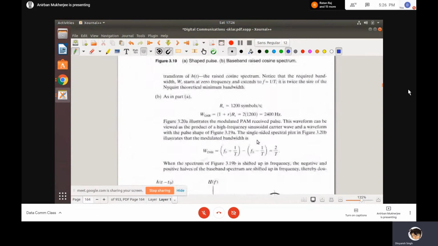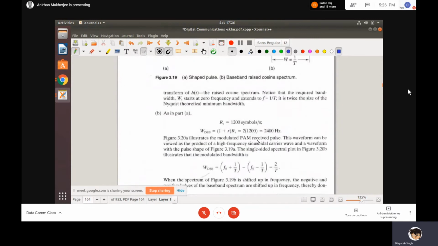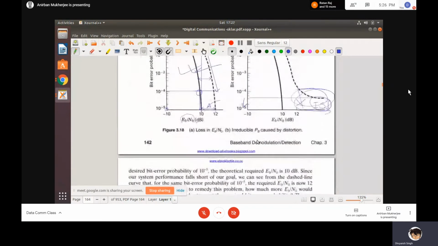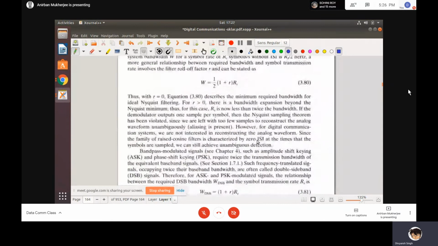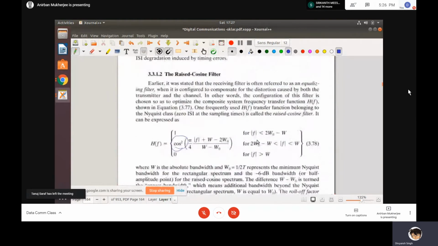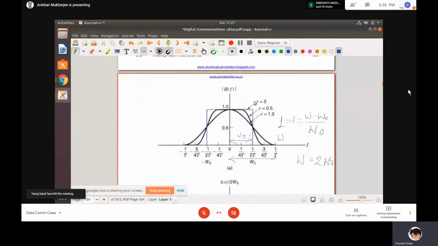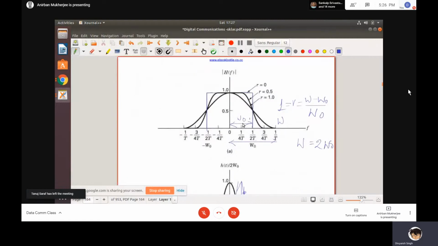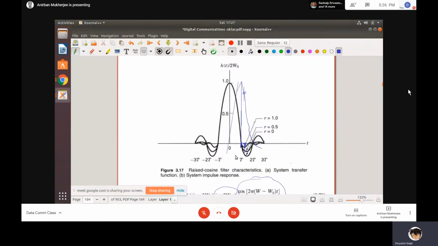If I have a raised cosine filter, with this type of characteristics, or this type of characteristics, it will have a zero crossing at 0, T_b, 2T_b, minus T_b, all these points.